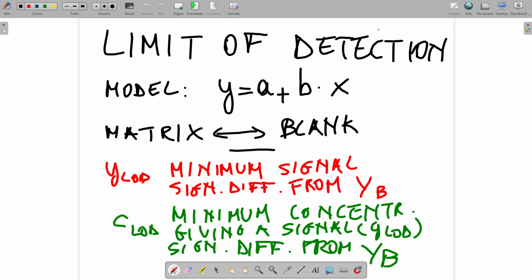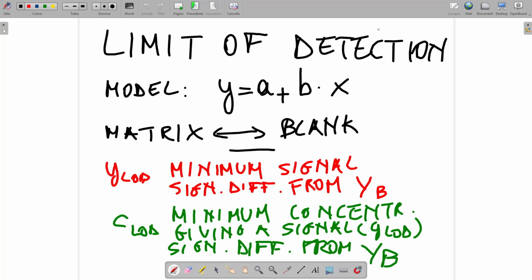It is ideal because we can never prove that the analyte is not present. It can be present in a real sample, in a very small quantity. But we suppose that we have the real blank.